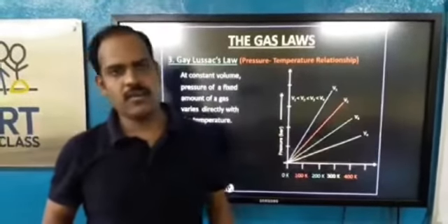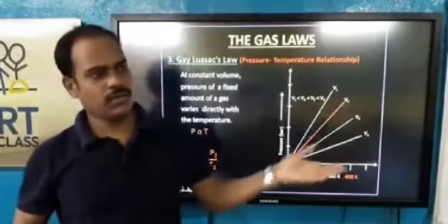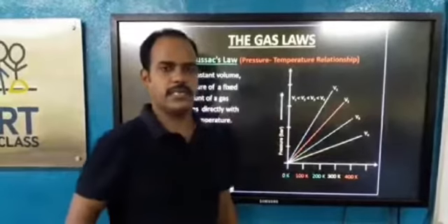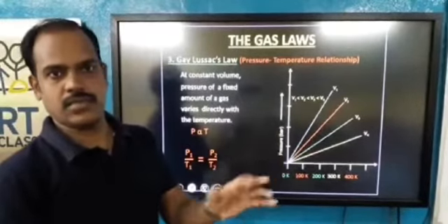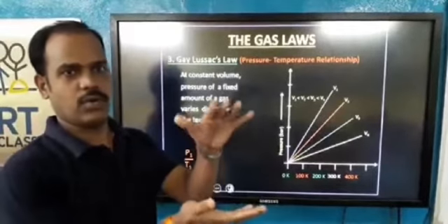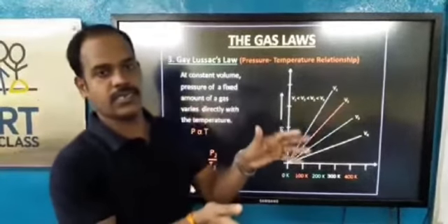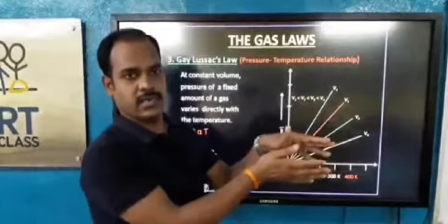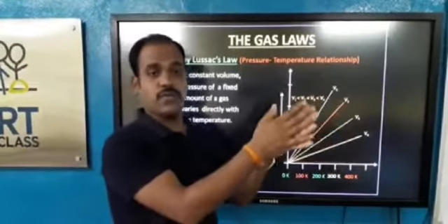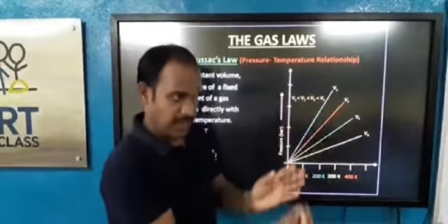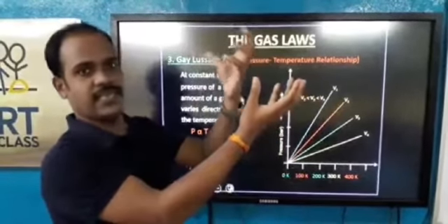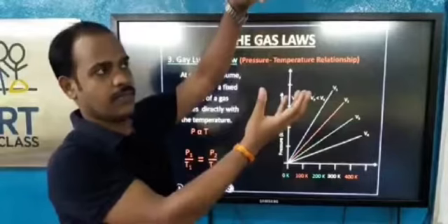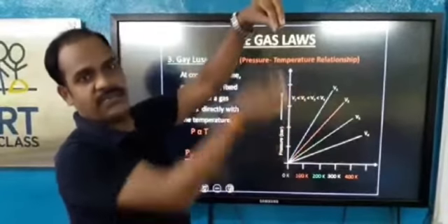You fill the cooker with water, cover it up and let it heat. As the temperature is increasing, since the volume is constant, the volume of the container or the cooker can't be increased, and the amount of gas is also constant. So as you increase temperature, after some time you see the vessel lid is lifted up.